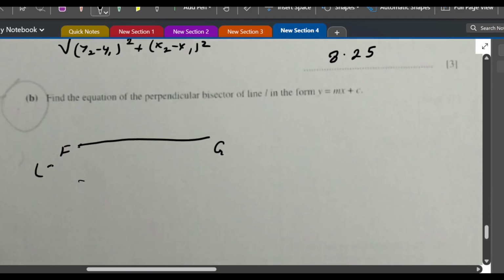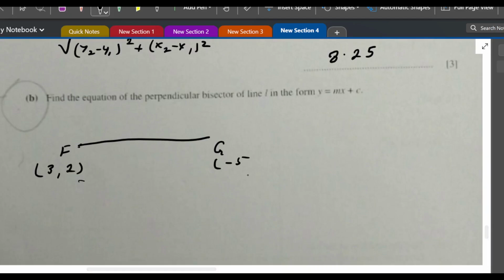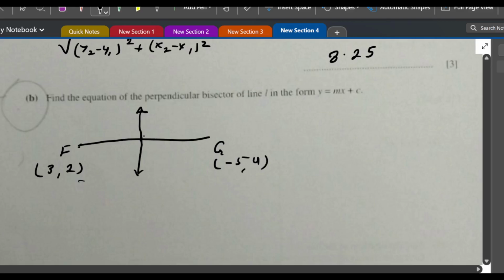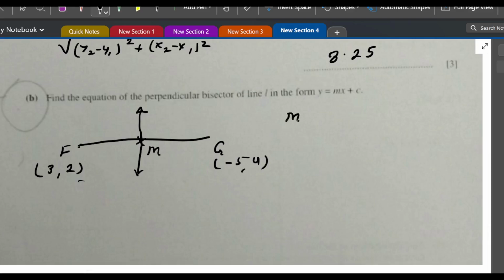A perpendicular bisector is a line which is perpendicular as well as dividing into equal parts. As it is dividing into equal parts, this is my midpoint. Let us say M. Can I get the coordinate of M?